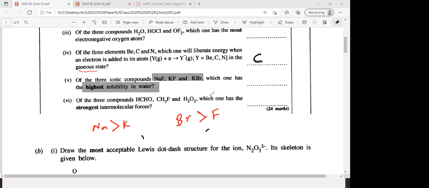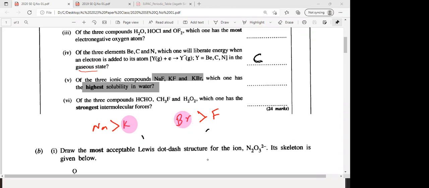Therefore, if they have given NaBr, that will be highest here, but here we take KBr. Actually, they have given two answers. KBr you can also argue. They have got two alternative answers here. KBr you can get, or you can get NaF.